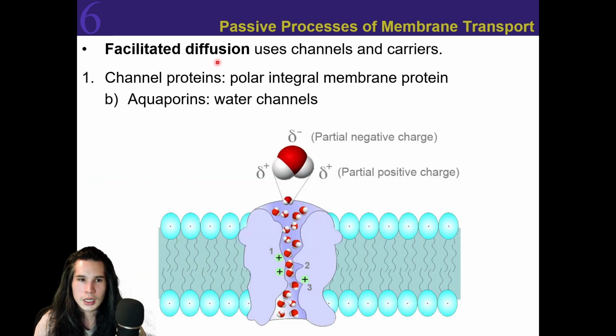Okay, so still talking about facilitated diffusion, still talking about some kind of channel proteins. We also have aquaporins. Aqua referring to water, porin meaning you could just say it's like some kind of hole. It's like a channel. The function of this is just to allow water to move in or out of the cell. An aquaporin is just a water channel. So it's open. Likely the inside is going to be polar because like dissolves like. Polar stuff likes hanging out with polar stuff.